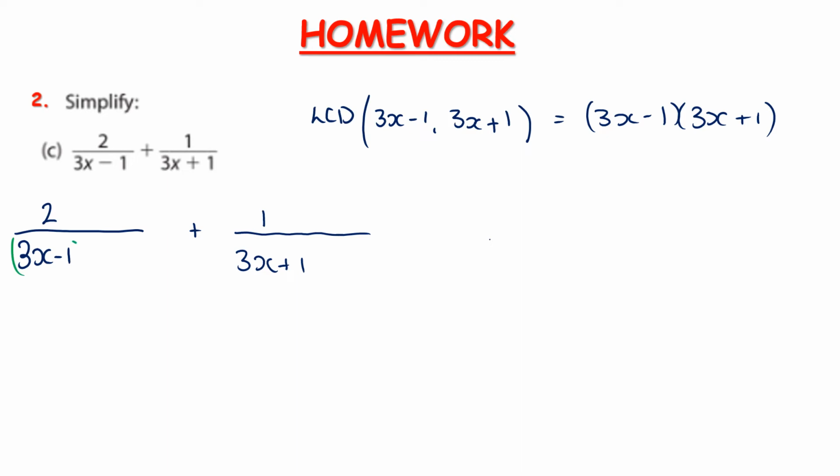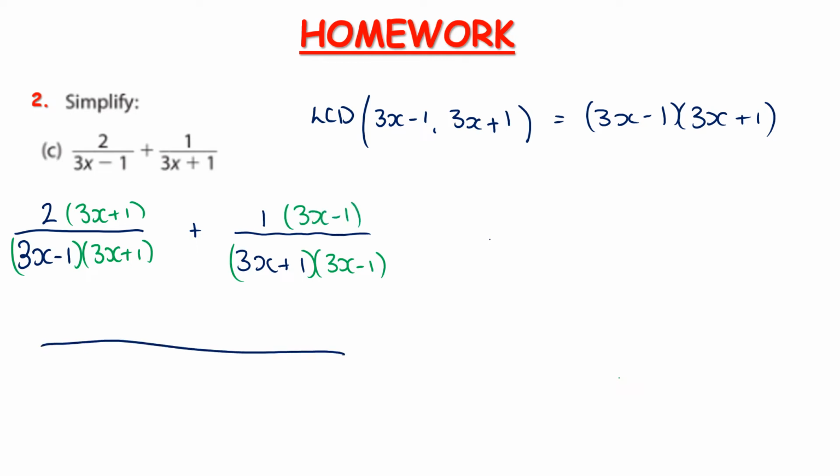So here I have 3x minus 1, so I'm going to multiply by 3x plus 1, and the top line by 3x plus 1. Here we have 3x plus 1, so we're going to multiply by 3x minus 1. So multiply by 3x minus 1. So lowest common denominator here is 3x minus 1 times 3x plus 1. We have 2 times 3x plus 1 times 3x minus 1.